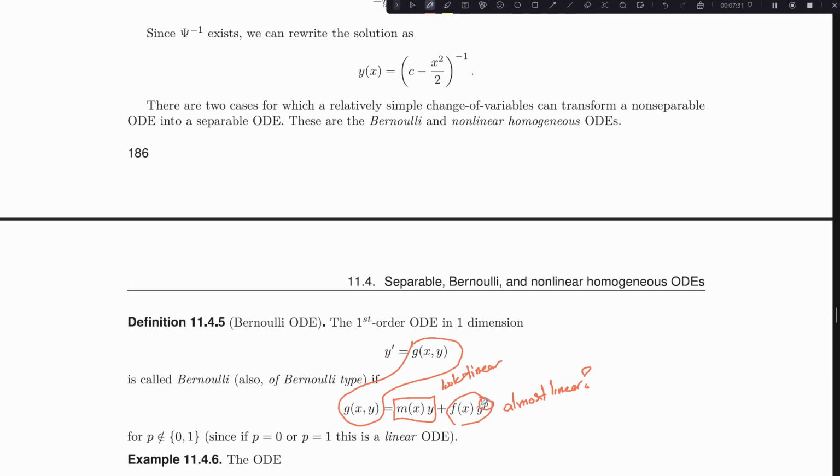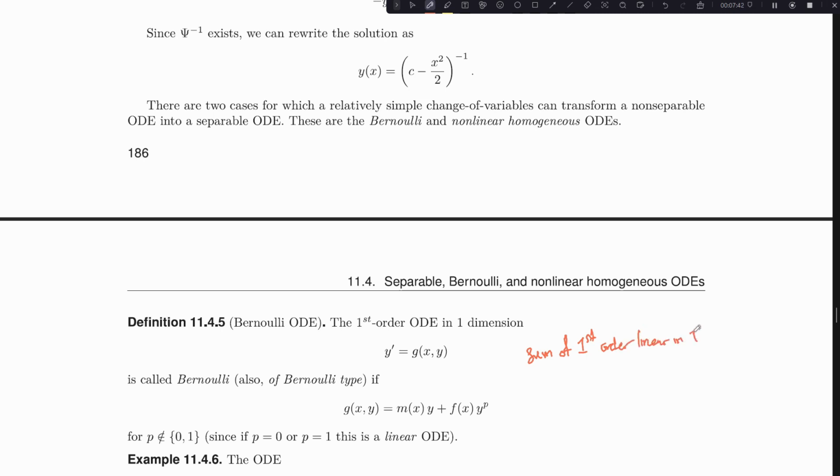So a Bernoulli type is like a sum of first order linear in 1D with almost first order linear in 1D.